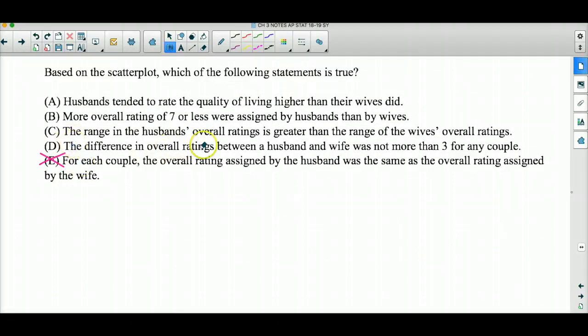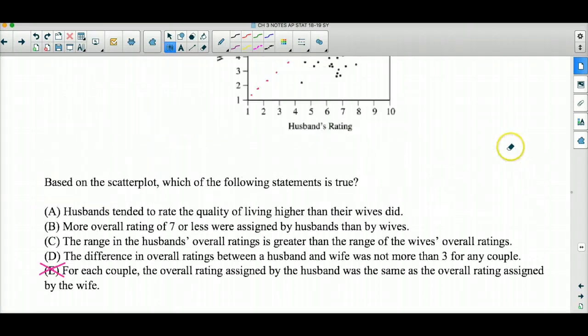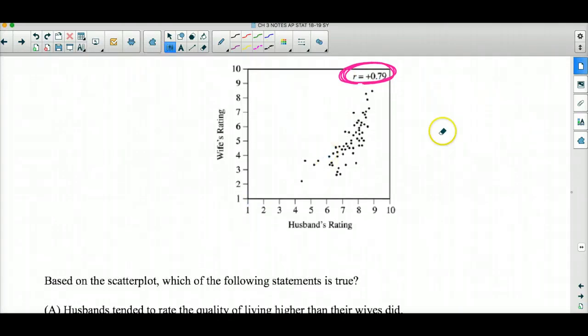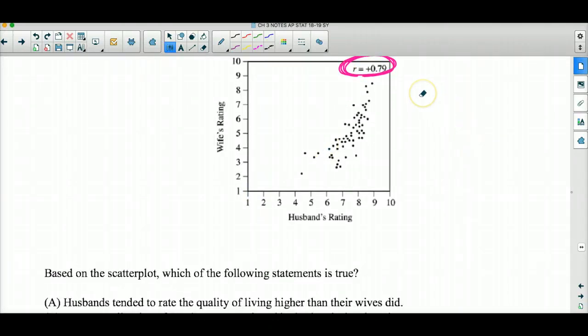The difference in overall ratings between husband and wife was not more than 3 for any couple. So I'm going to only look at the extremes here. And when I look at an extreme, it would be a person like this. So this pink dot, the husband gave it almost an 8.